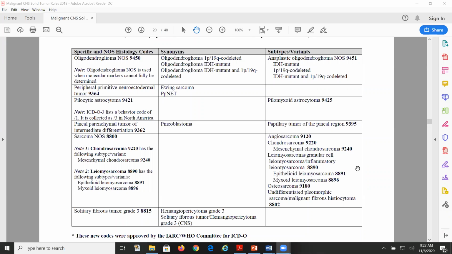That is because chondrosarcoma and leiomyosarcoma are both subtype variants of sarcoma NOS, and leiomyosarcoma and chondrosarcoma are NOS histologies because they have subtype variants of their own, which you see indented underneath them in the subtype variant column.